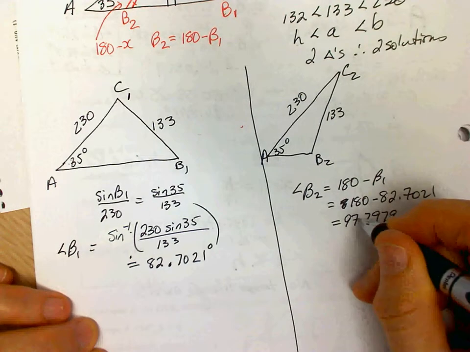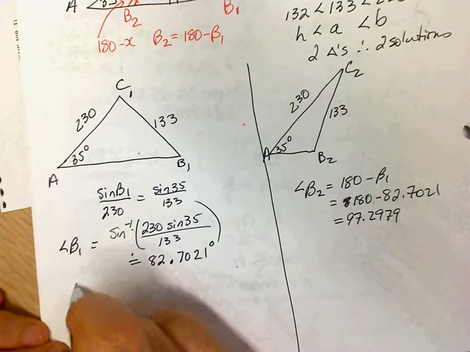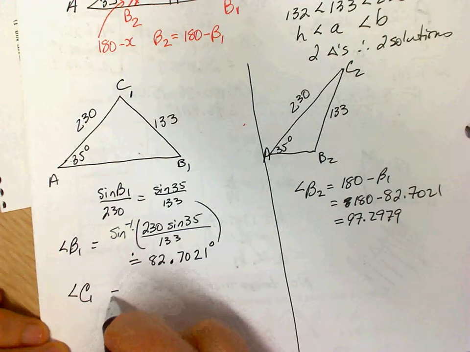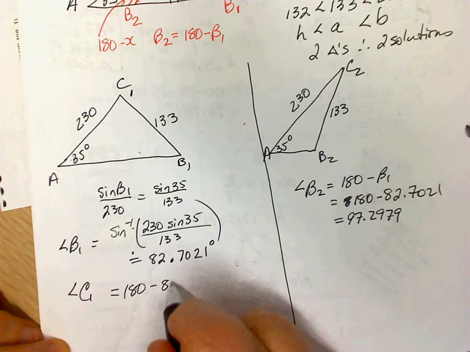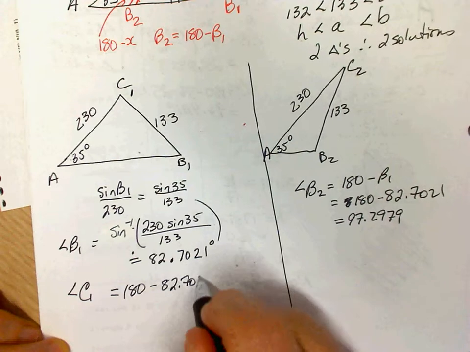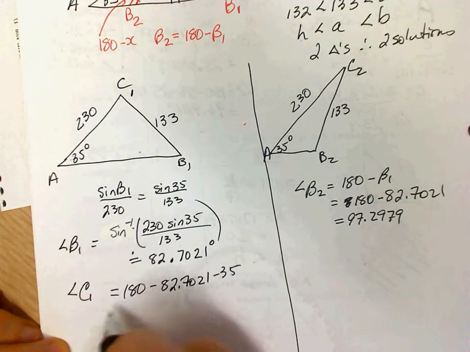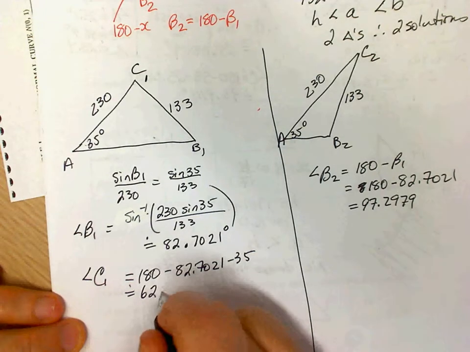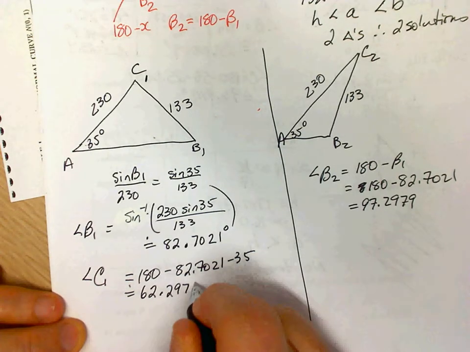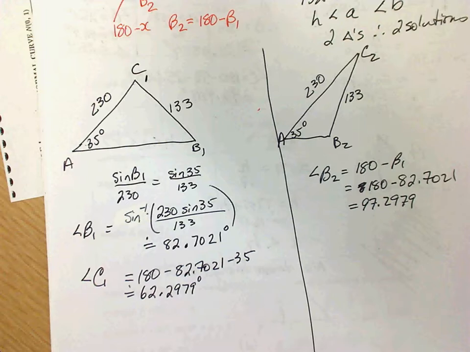Okay, angle C1 is going to be 180 minus 82.7021 minus 35, which is approximately 62.2979. Yeah, that's right.